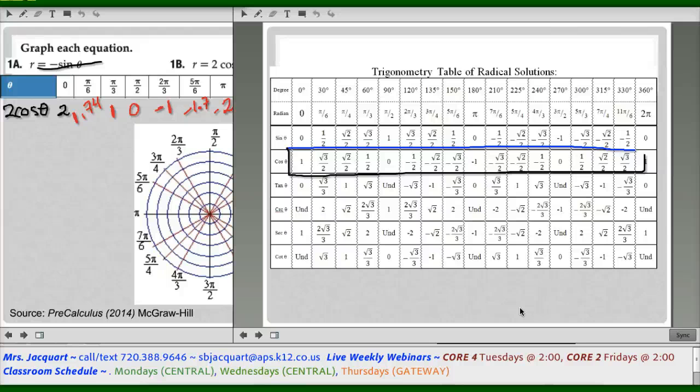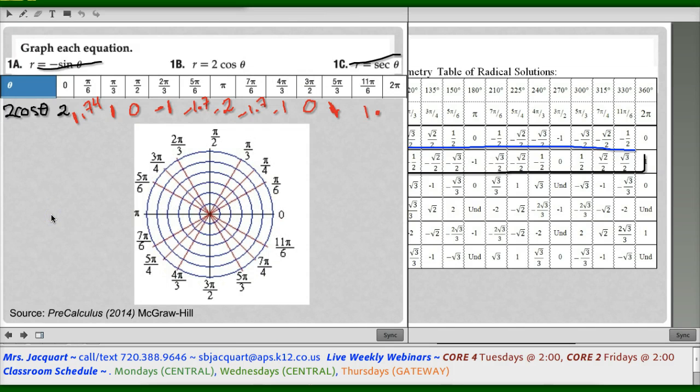This is going to be 0, and then we go positive, 1. It's going to be 1. And this is going to be 1.7, and then this will be 2 again.